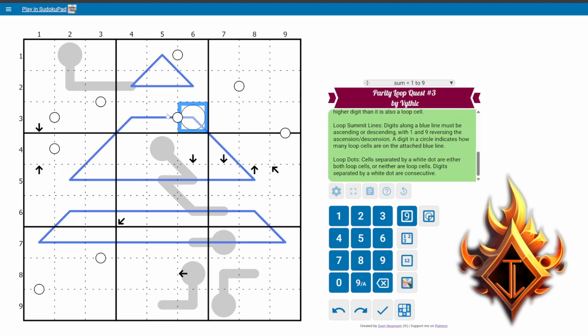So this will not be the full amount, as it would have to look like that. So that one can go up to 3.